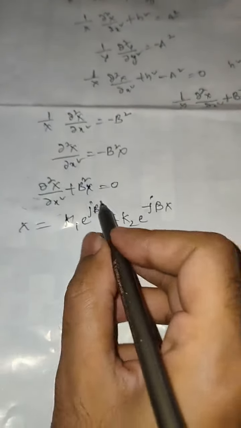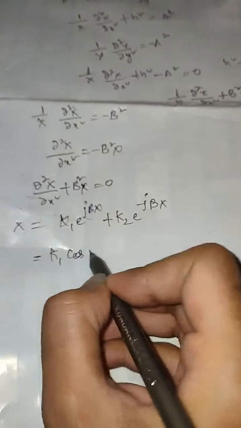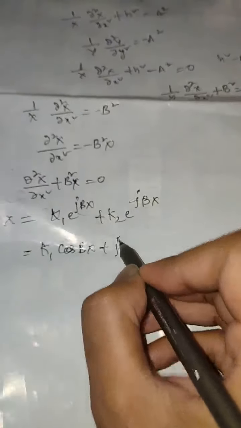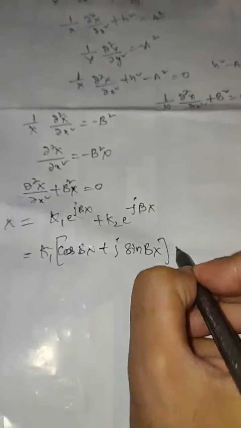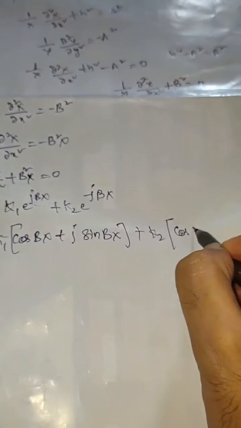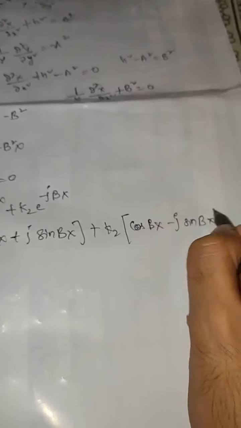Now this can be written in terms of cos and sine as k1 cos bx plus j sine bx plus k2. Similarly, this can also be written in terms of cos and sine, so minus j sine bx.